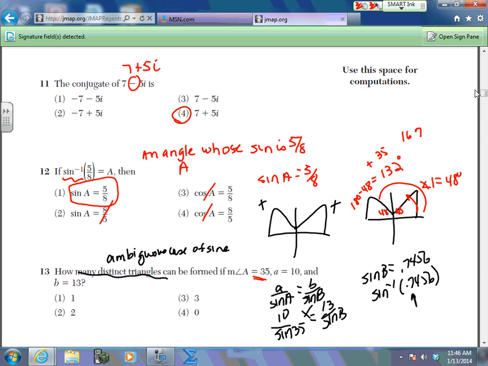I can still have another angle before I hit 180. And if I add this one to my 35, I can still subtract it from 180. So in this case, you have two possible angles. If this had been a little higher, let's say 152, and I added 152 and 35, I'd be over 180, so there cannot be a third angle. That wouldn't have worked.